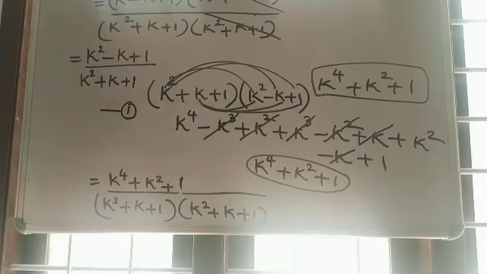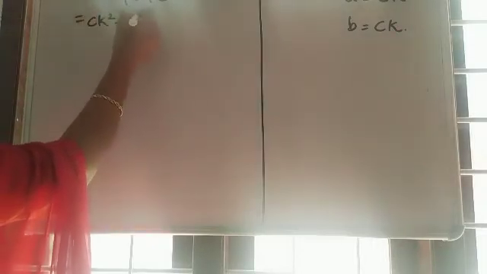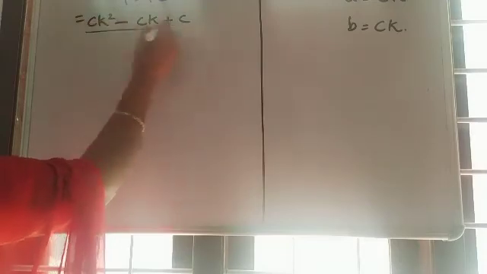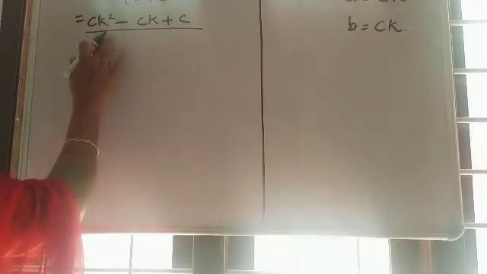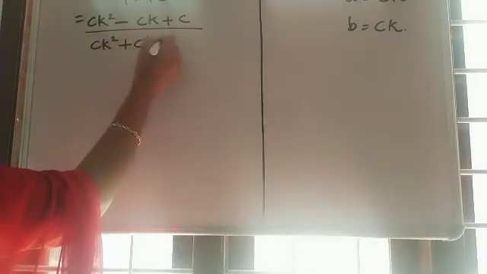Okay, then take RHS. So RHS is a minus b plus c divided by a plus b plus c. We know a is ck square and b is ck. So replace that: a as ck square, minus ck plus c, divided by a plus b plus c, which is ck square plus ck plus c.